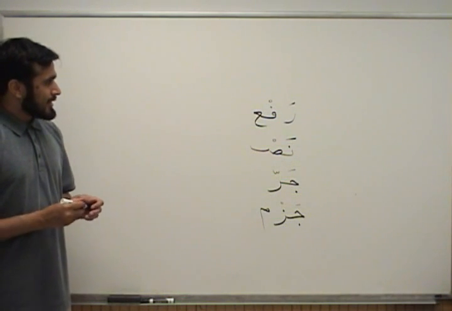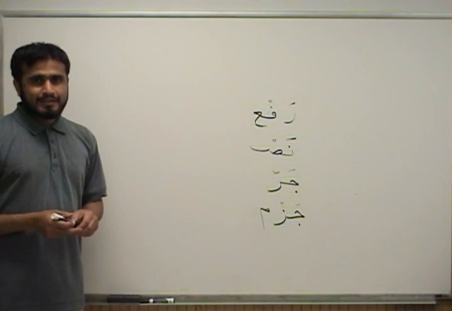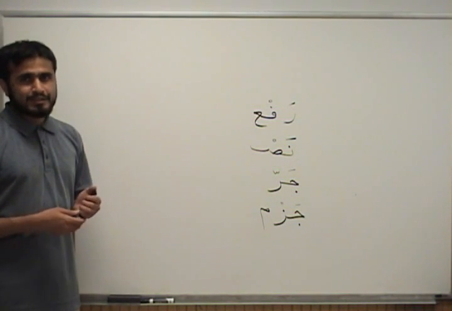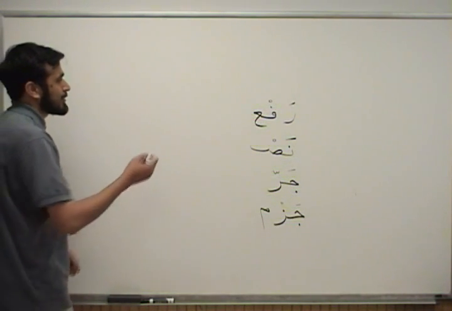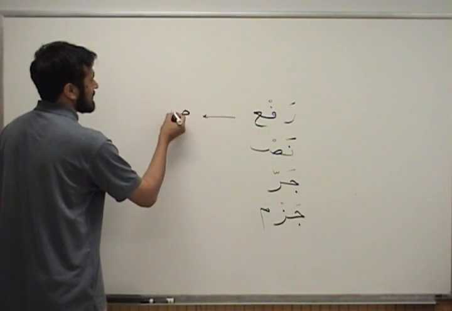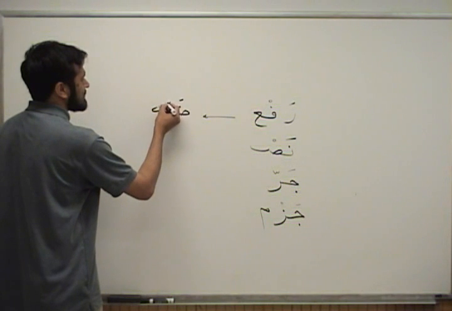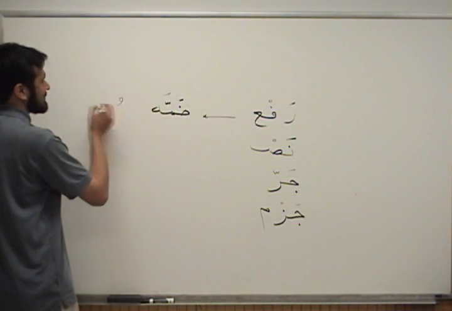And these are all states that an ism or a fi'l is in, and they are manifested or represented by certain symbols. So for Raf'a, we have the symbol Dhamma, which looks like this.